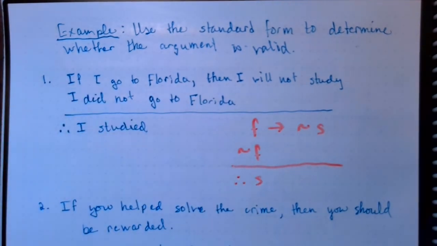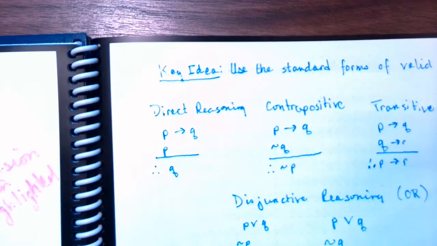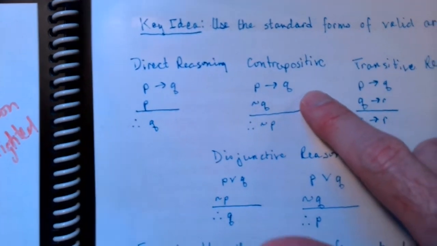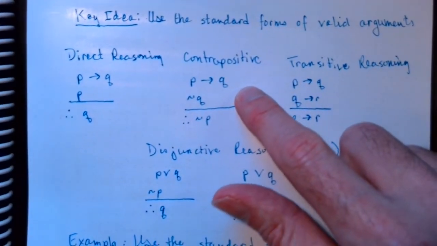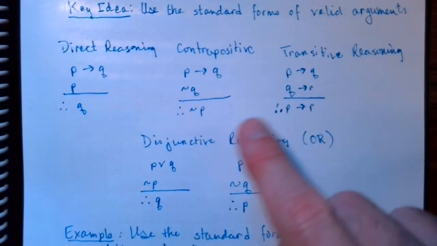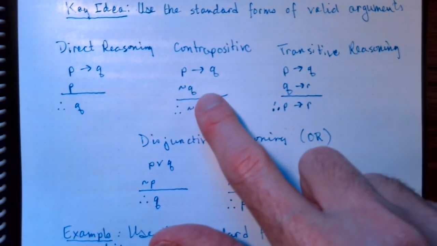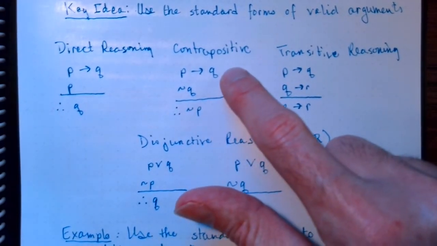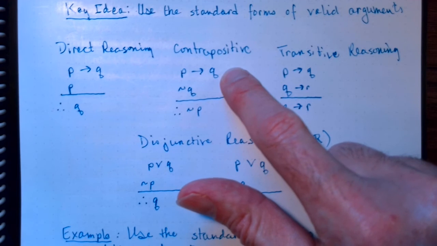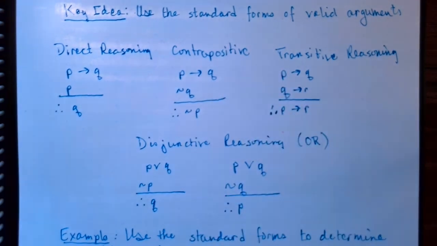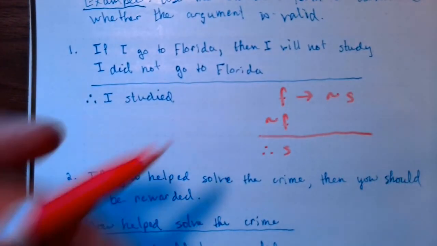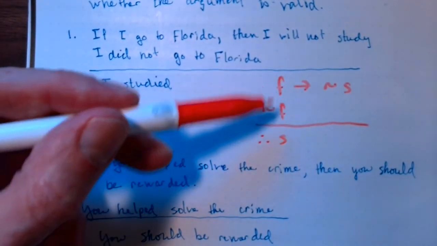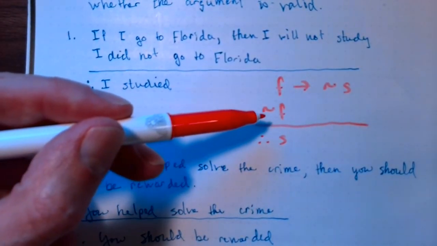It might seem like one of the forms that we just talked about, but let's look back at those closely. It kind of looks like contrapositive reasoning almost, but notice that this is the negation of the second part. Over here we've got the negation of the first part.